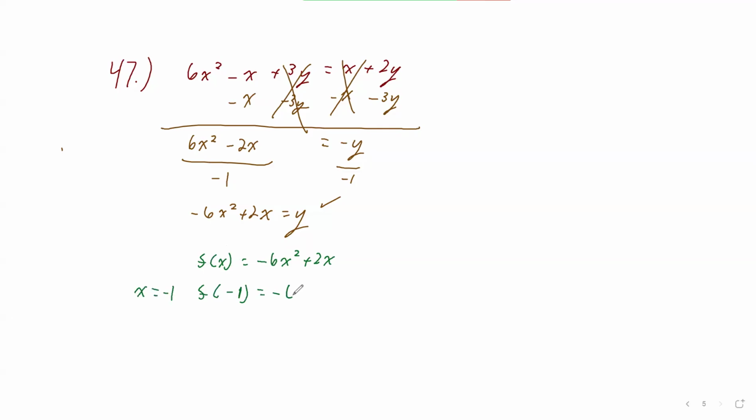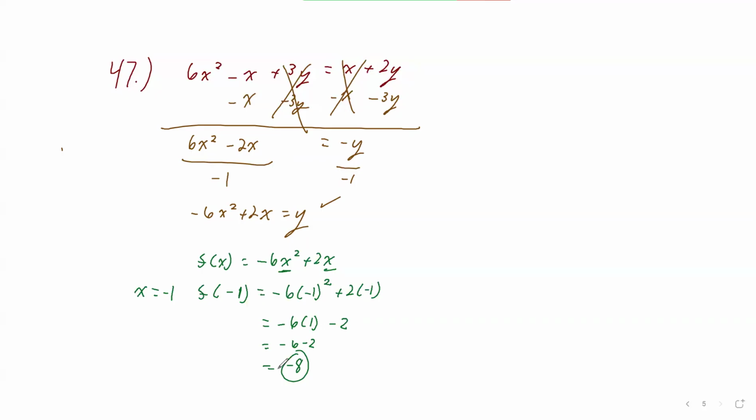So now I plug in -6 times -1 squared plus 2 times -1. Notice I replaced all of the x's with the value that I'm looking for. And then you just do some more operations here. -1 squared is 1. 2 times -1 is -2. -6 times 1 is -6, minus 2. So I get -8 as my outcome.